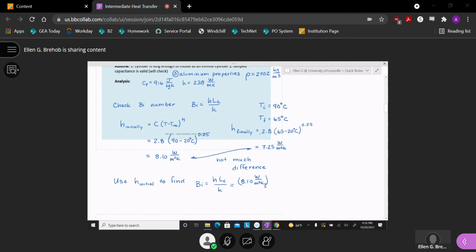So we are doing an aluminum rod again. So it's diameter over 4 that I would use for characteristic length.